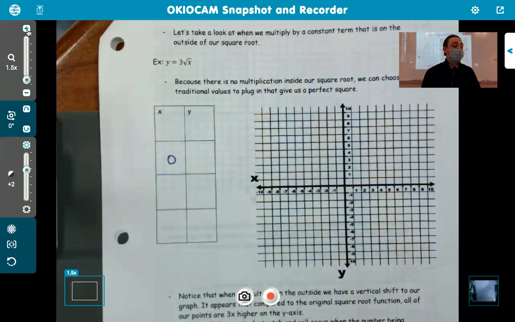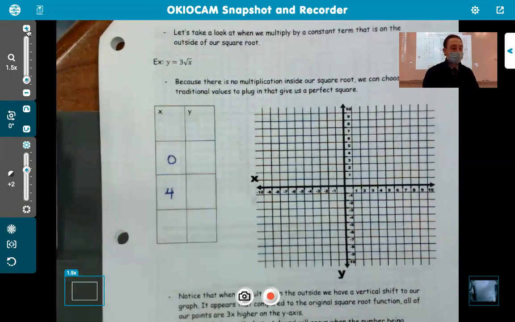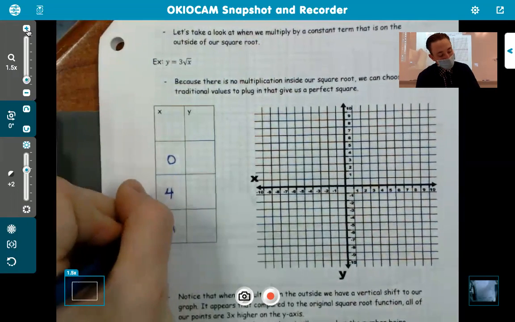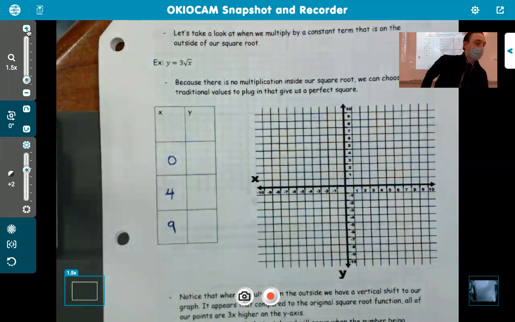So if I plug in 4, I have to do the square root of 4, 2. I'm trying to make sure I don't have any decimals, or 9's fine as well. Could have chosen 1, could choose 16, whatever's easiest for you to understand what's going on here. But choose values that are going to give you a perfect square.